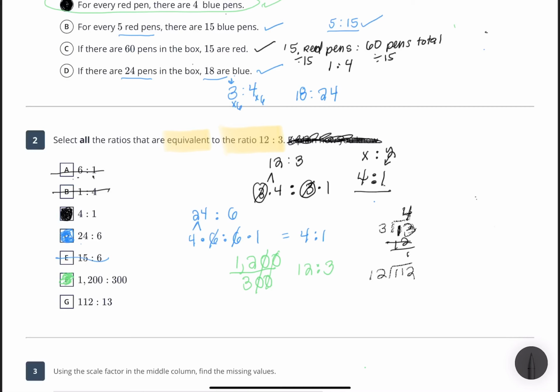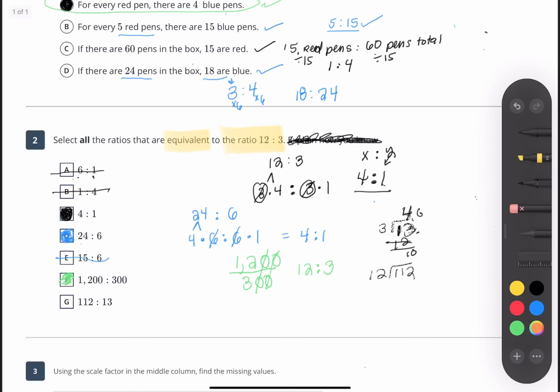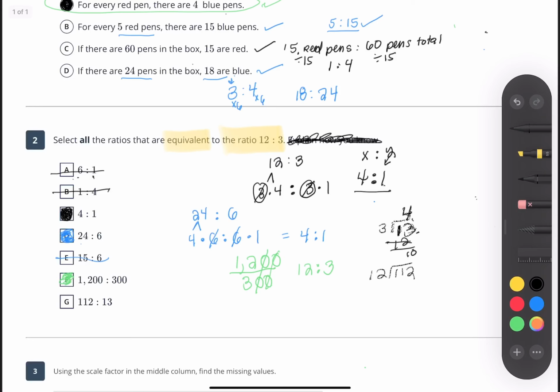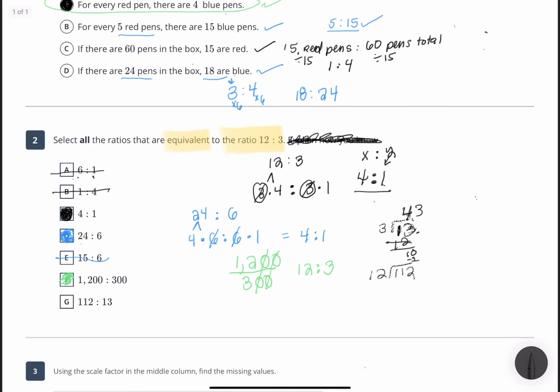Oops. 1, and then I'm going to drop that 0 down. And it's going to be 3. And it's going to keep repeating, which we didn't go over, repeating decimals. Honestly, at this point, you could stop right here because the ratio doesn't include 4.3 as a decimal. So this wouldn't be an answer choice either.